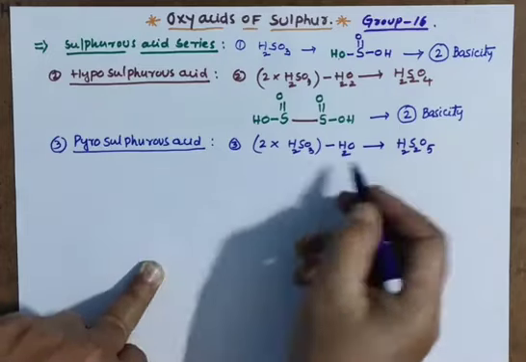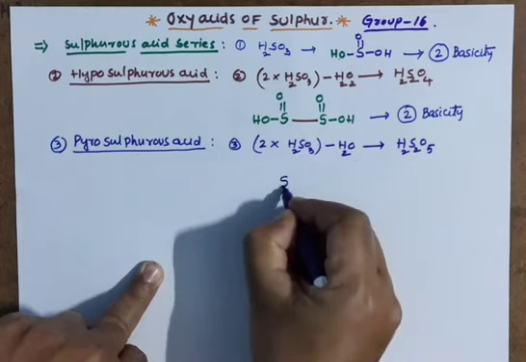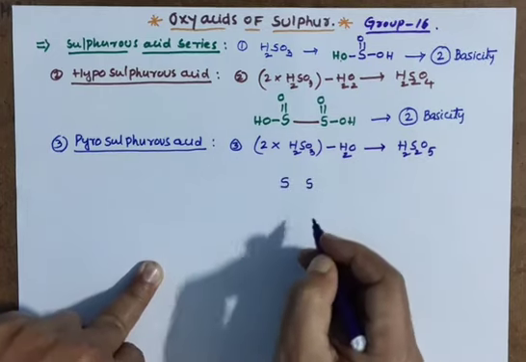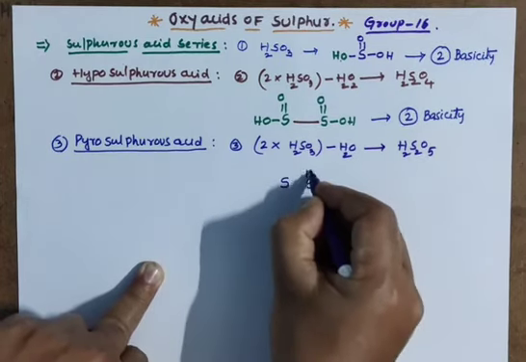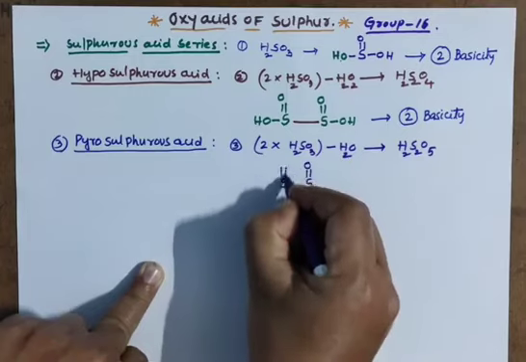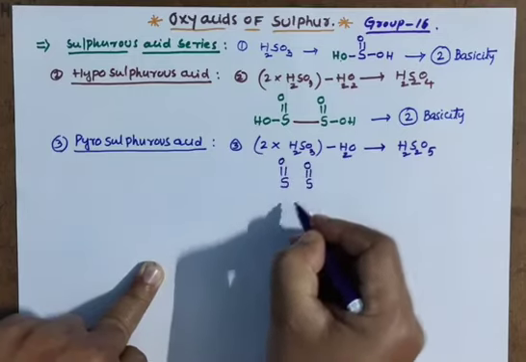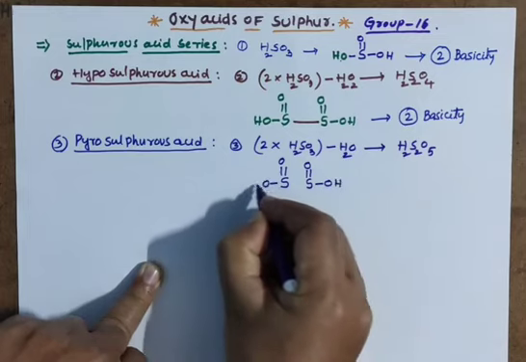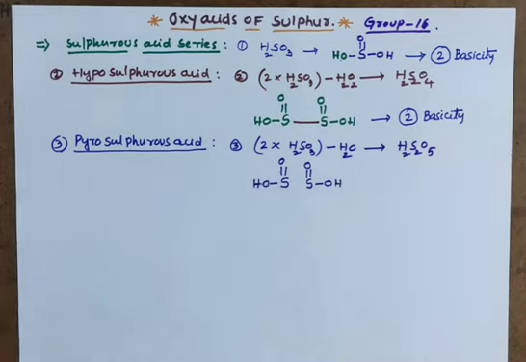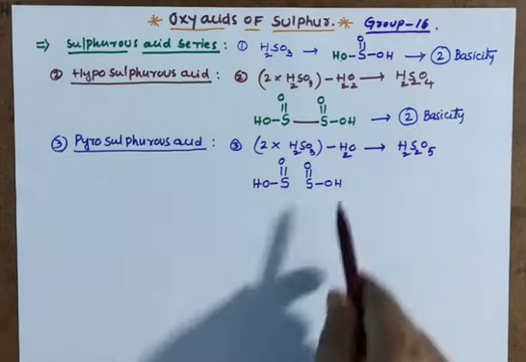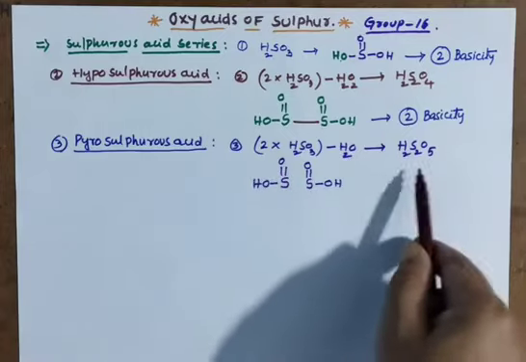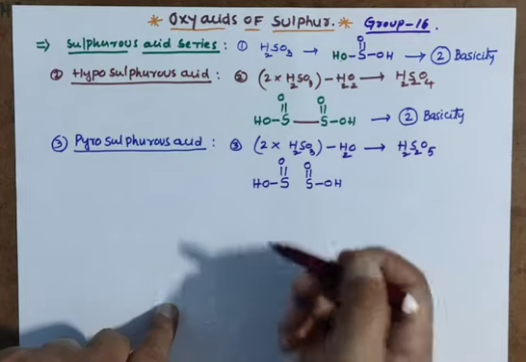Now I am drawing the structure. 2 sulfurs are there, so 2 central atoms. I told one double bond O group and one OH group is the basic unit. And how many are left? 1, 2, 3, 4: 4 oxygens completed, 2 sulfurs completed, 2 hydrogens. 1 oxygen is left.